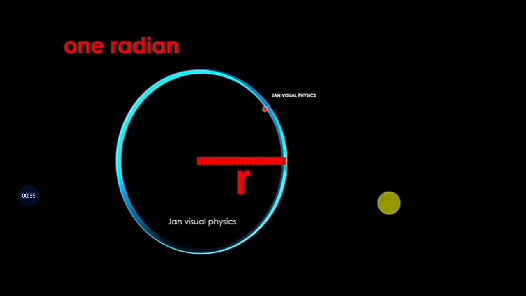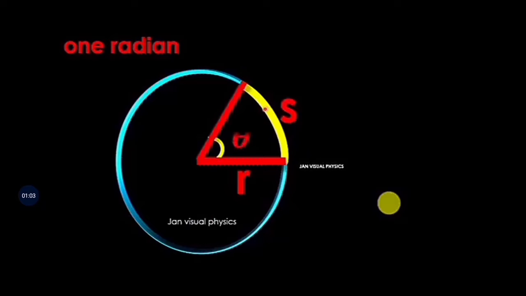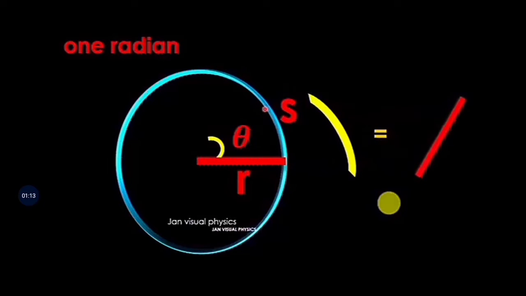Now we take an arc S on the circumference of the circle. This arc makes an angle theta at the center of the circle. If this arc S is equal to the radius of the circle, then the angle subtended by this arc is 1 radian.